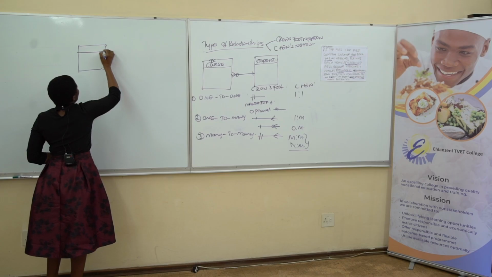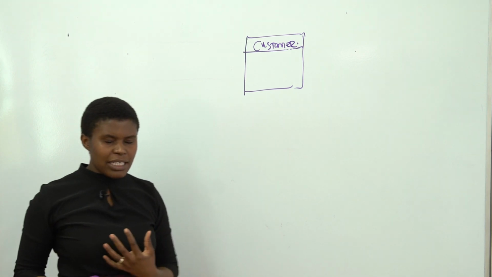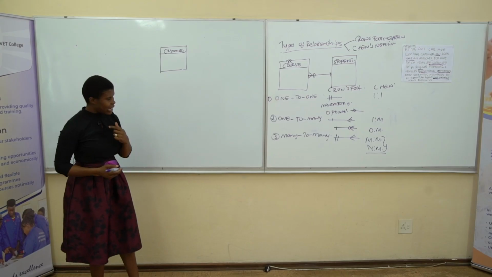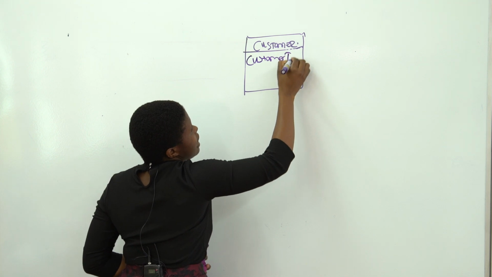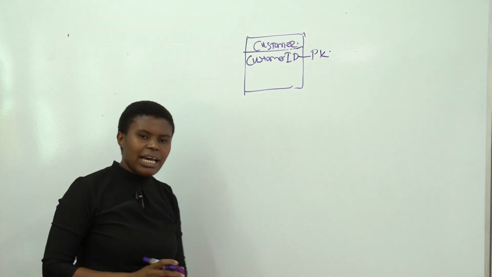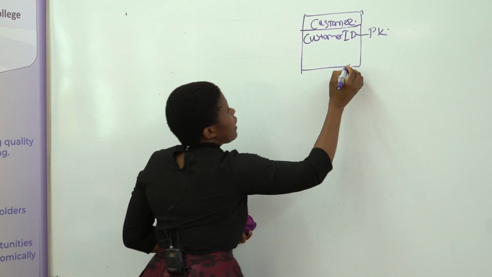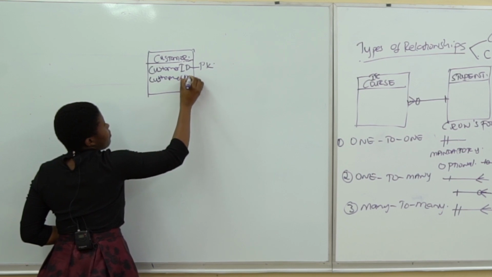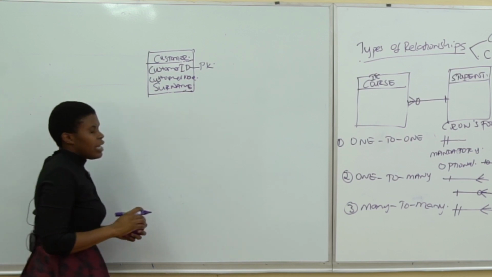We are going to have a customer. If I'm a customer for the first time, they are going to put me in their database and give me an ID code, which means you're going to have a customer ID. This becomes your primary key. In other words, you cannot go and hire a car for me because I have my own ID. Then you can have a customer name, a surname, just including a few.